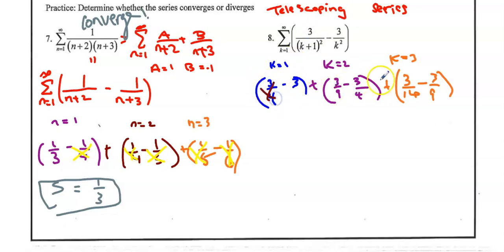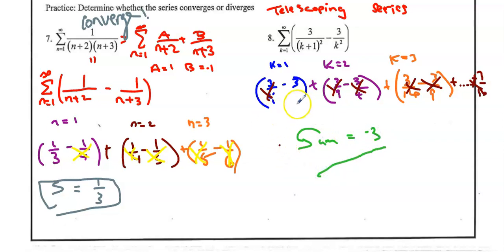This 3/4 here cancels out with this 3/4 here. This positive 3/9 cancels with this negative 3/9. As we move through, we get a negative 3 over 16, so those cancel out too. So the sum of this series is equal to -3.